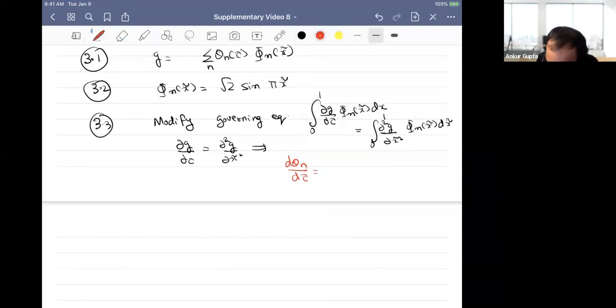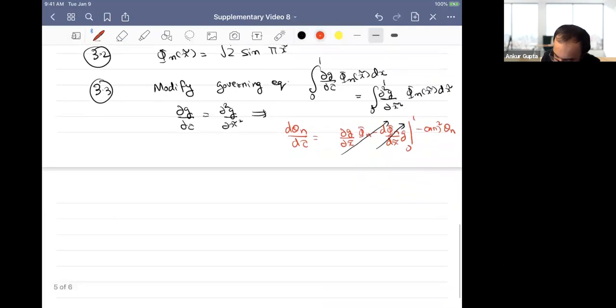Del g by del x phi n minus d phi n by dx g, 0 to 1, minus n pi square theta n. And again, because the system is homogeneous, these boundary terms will cancel out. Please do verify this. And finally, what you will get is the equation d theta n by d tau is minus n pi square theta n.